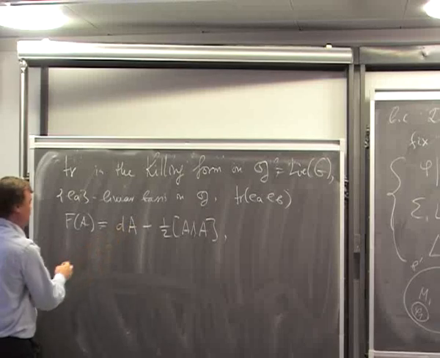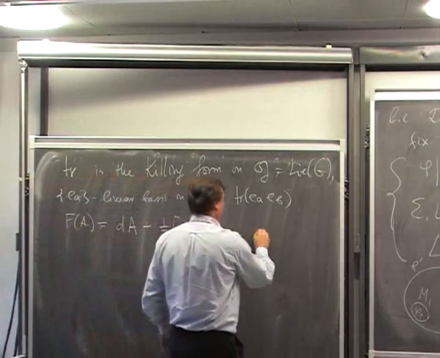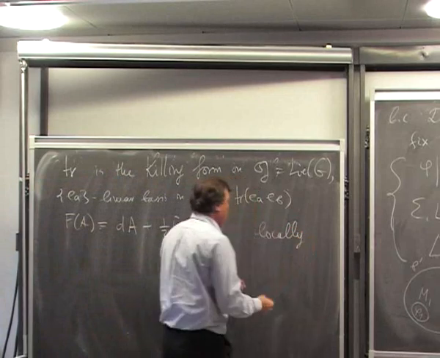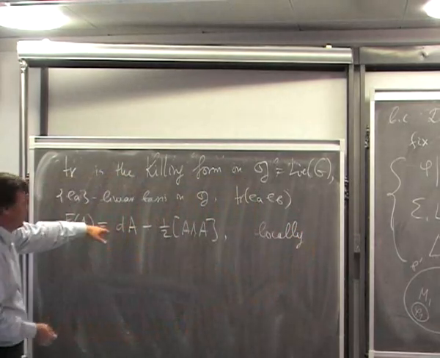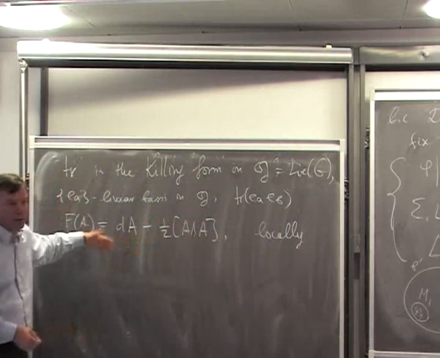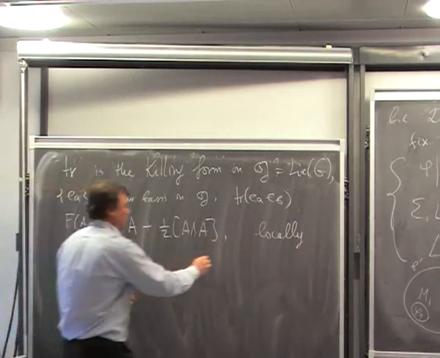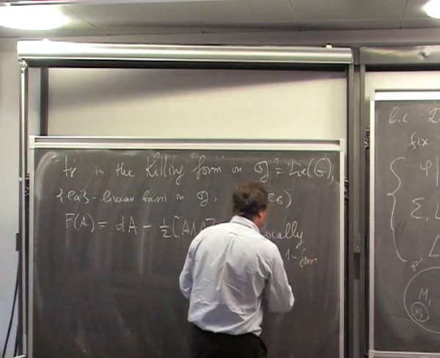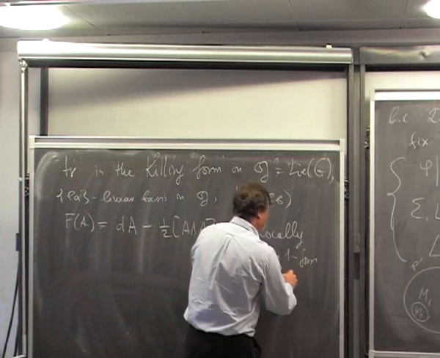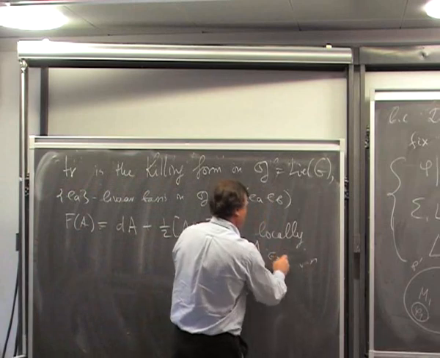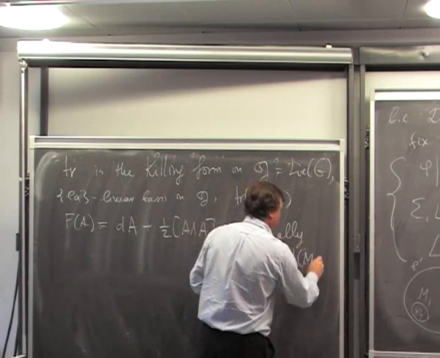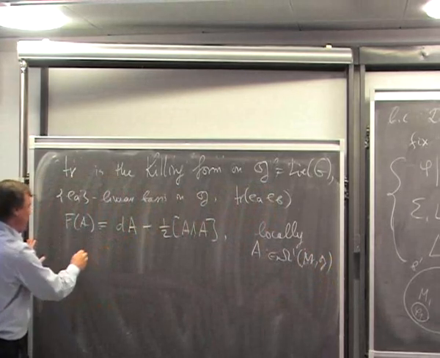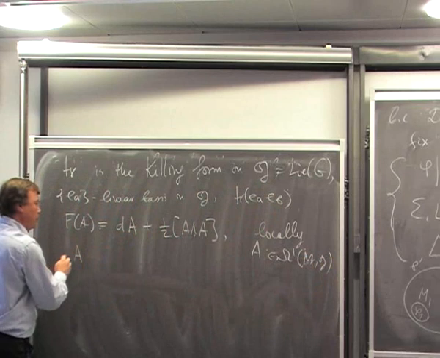And these notations, so locally A is a one form, so I'll assume that A is a one form. So it's an element of G. So these notations mean the following.